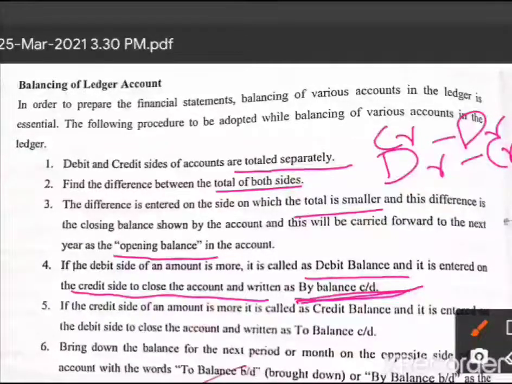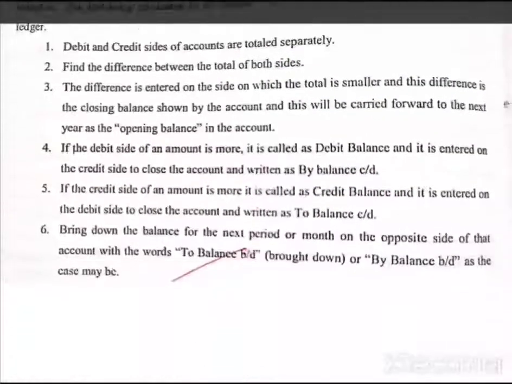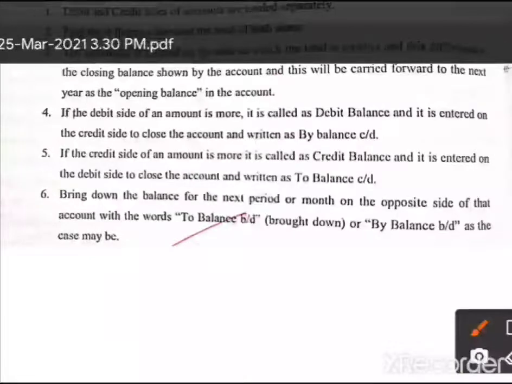This will be clearer when you start doing the problem. And if the credit side amount is more, then it is called the credit balance. It will be entered as "to balance carried down". If the amount at the credit side is more, it is called the credit balance, and then the amount has to be carried forward to the debit side.